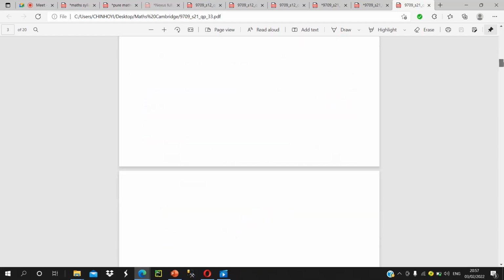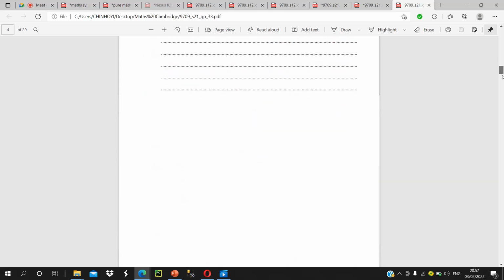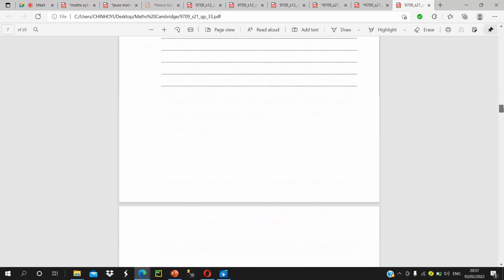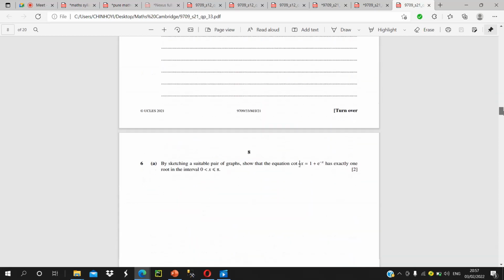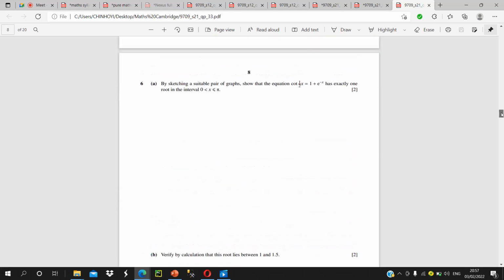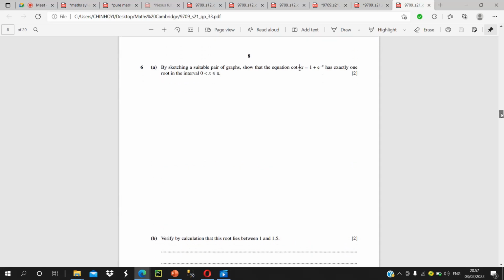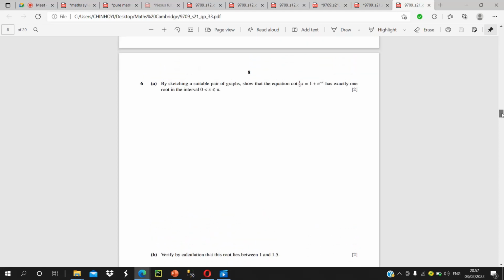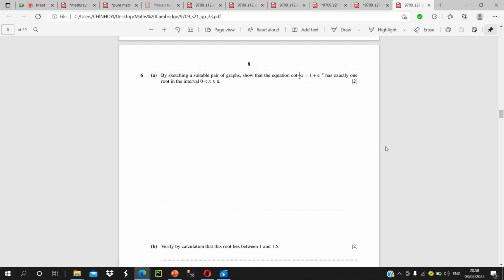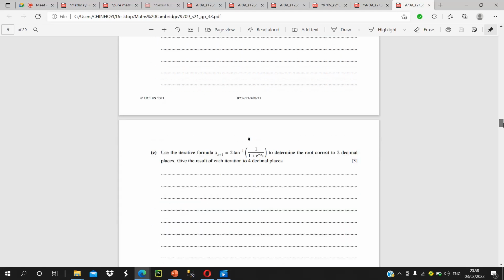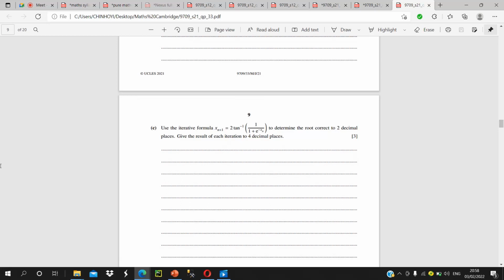And it's number 6. I want you to try this one. You can do part B, where you are going to use this equation to verify. Then you are also given this iterative formula, part C.